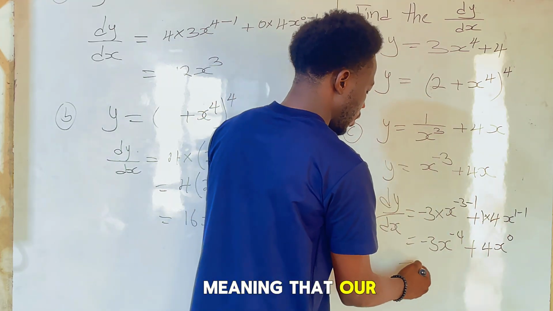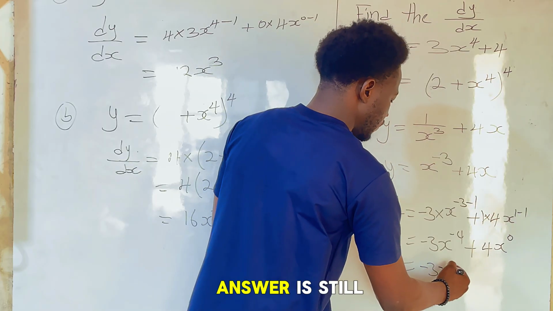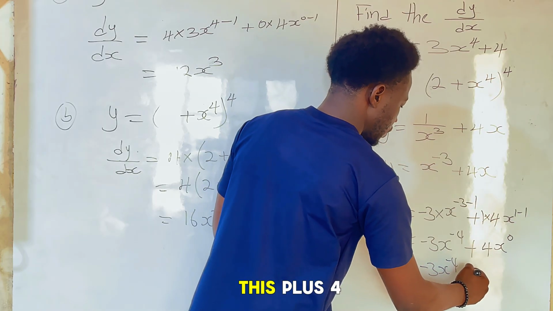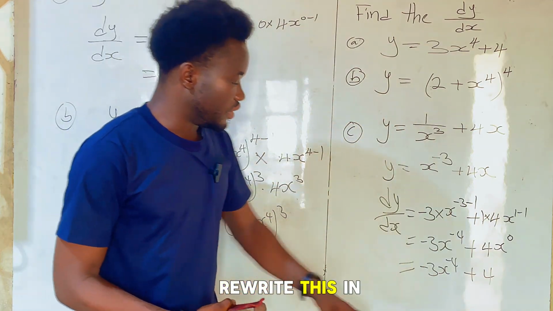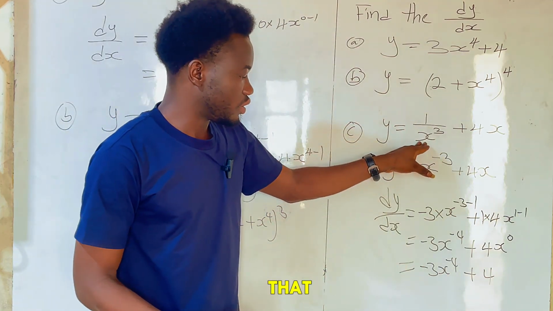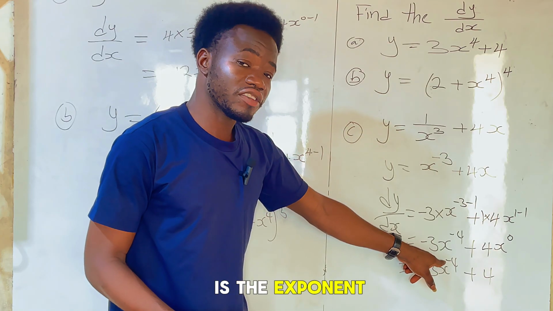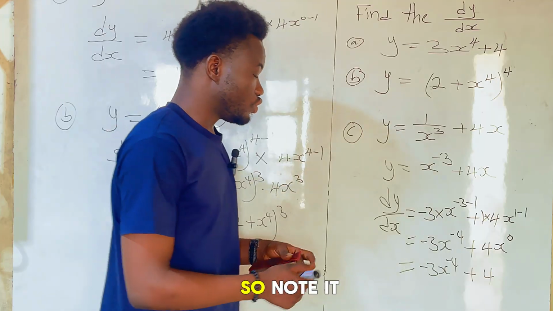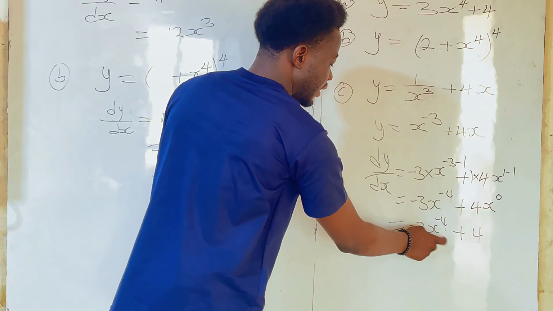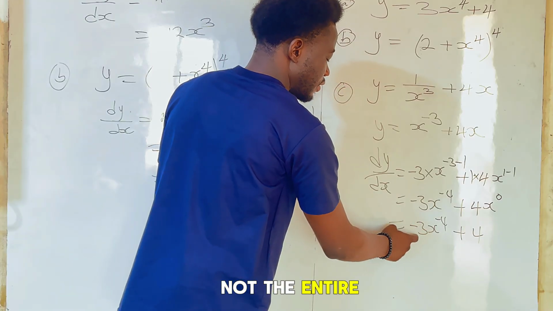Meaning that our answer is still going to be this plus 4. We need to rewrite this in the form of that. Now we said that if it's the exponent of negative, we can rewrite as a fraction. So note, it is only affecting the x, not the entire 3.